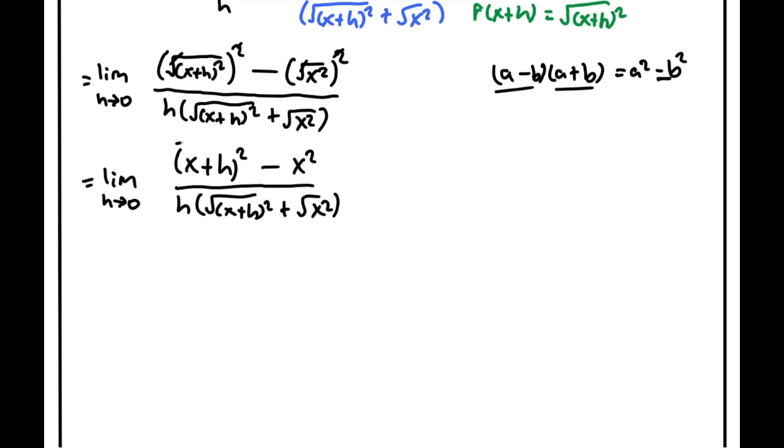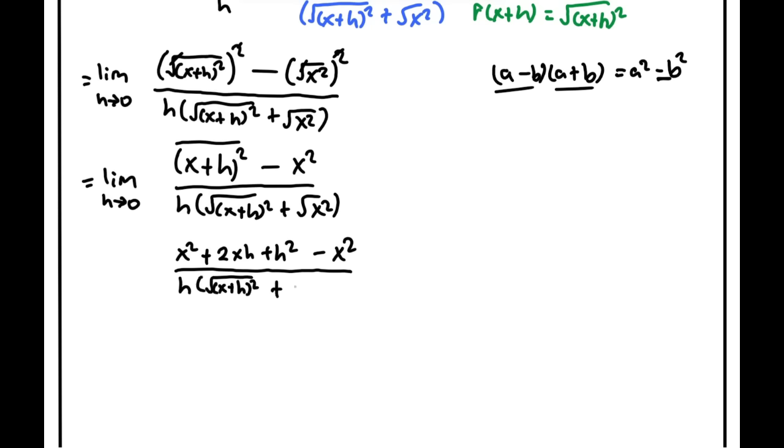Now let's expand (x plus h) squared. This becomes x squared plus 2xh plus h squared minus x squared over h times square root of (x plus h) squared plus x squared. Limit as h approaches 0.